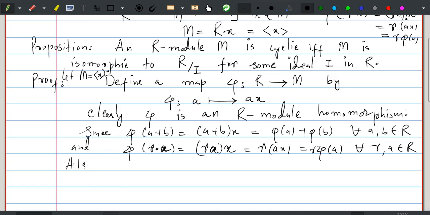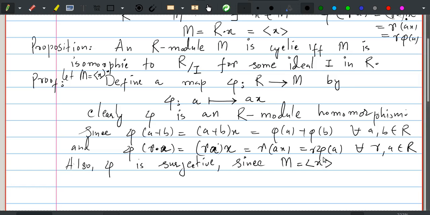Also phi is surjective, the reason being M is generated by X.